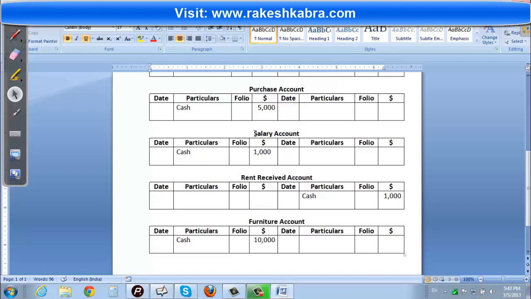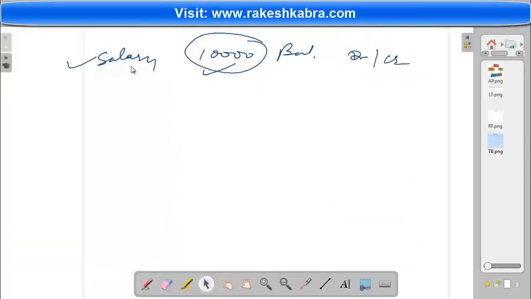See, if you have the account, then you can easily compute the balance, debit or credit, isn't it? If I give you this salary account in the question, you can easily compute whether it is a debit or credit balance. But now the question is, in the examination they give only that the salary account is there and its balance is 10,000.